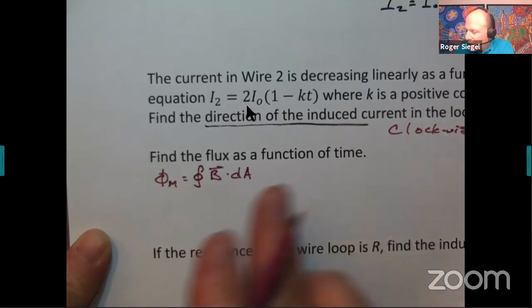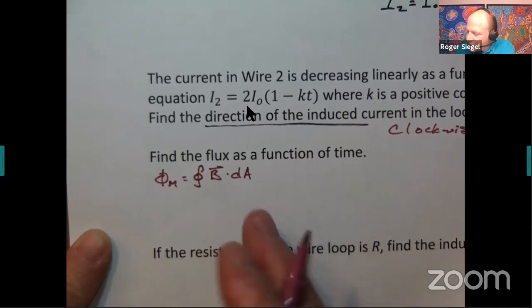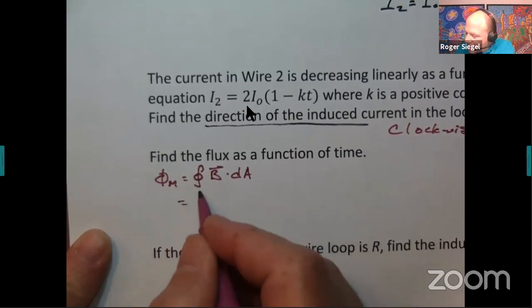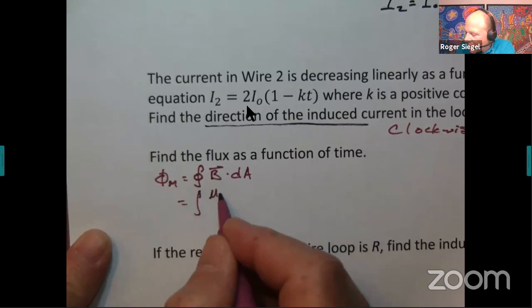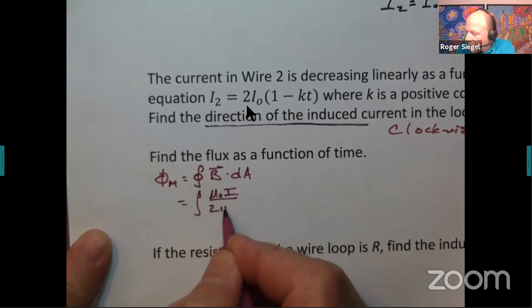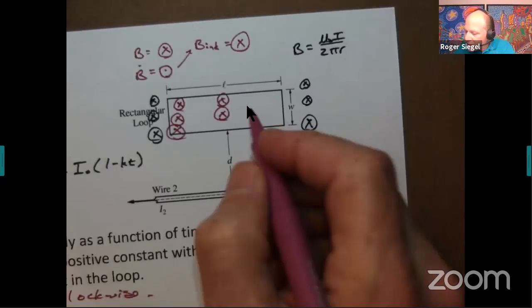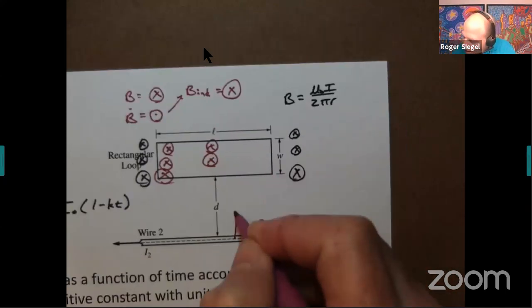All right, now, I love this problem because you can see what happens here. This B is mu naught I over 2 pi r, where r is the distance from here.